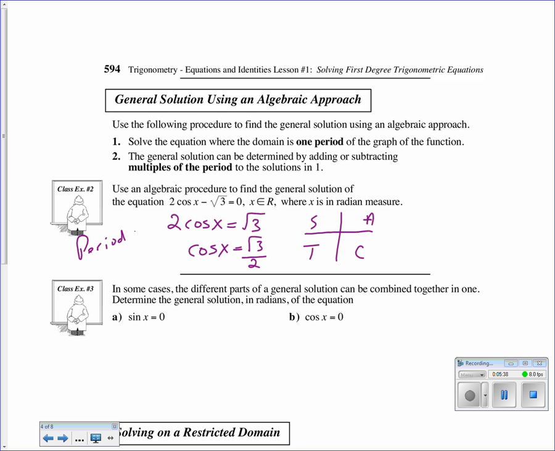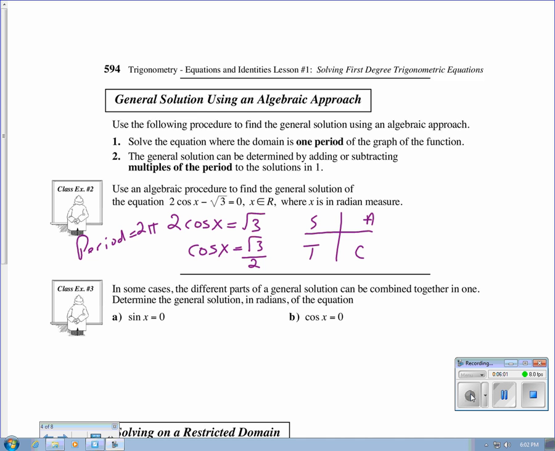Period here is pi. So working in radians, I think my calculator was inverse cosine of root 3 over 2. Now that should be a special angle that you recognize. So root 3 divided by 2 is 0.87.